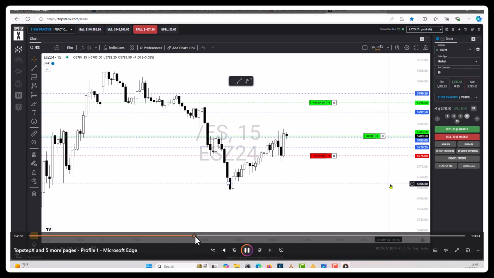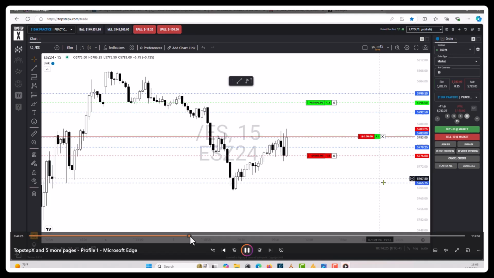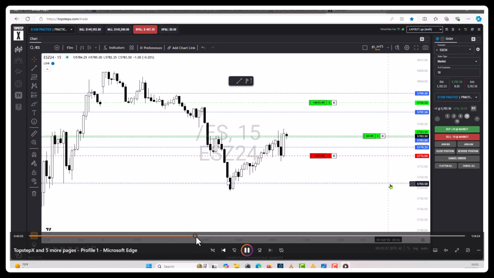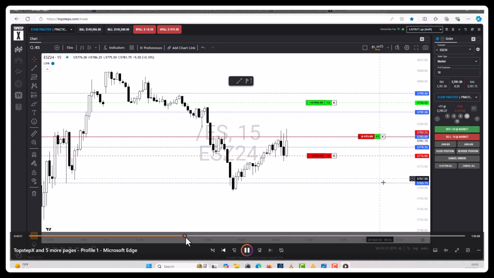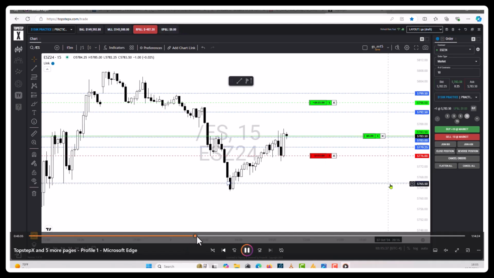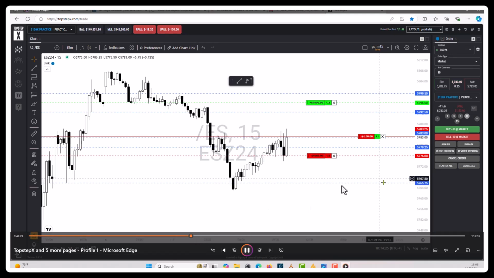You see, so okay. So how do we get out of here? We increased size right there, and that's the mistake. Okay, so now I think we move to break even to reduce the size.